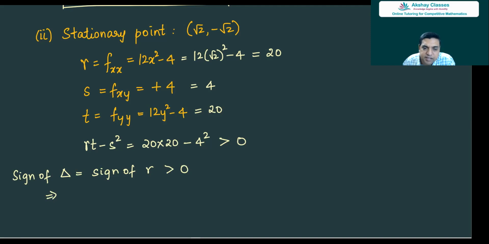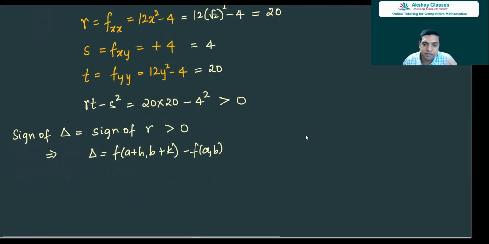If R is greater than 0, that's a point of minimum, because delta is f(a+h, b+k) minus f(a, b). So if it's positive, in the neighborhood values are greater and the value at (a, b) is the least. Therefore (root 2, minus root 2) is the point of minimum.